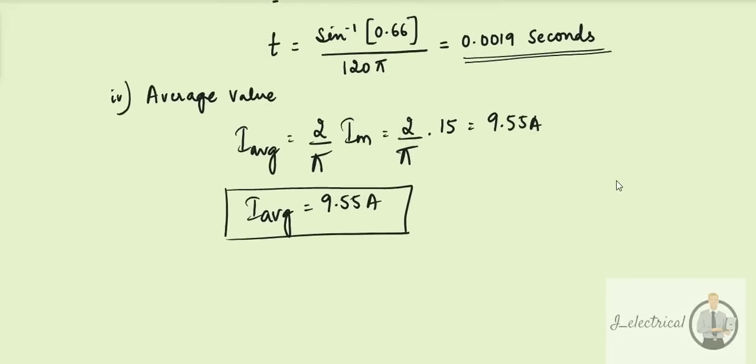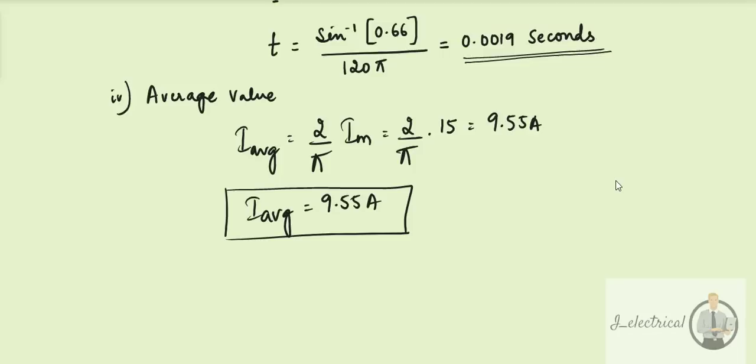Finally, we are supposed to calculate the average value. I know the relationship between I average and Im, which is I average is equal to 2 by pi Im. I substituted the values, and I got the average current as 9.55 amps. So this is all about solving problems on instantaneous equation.